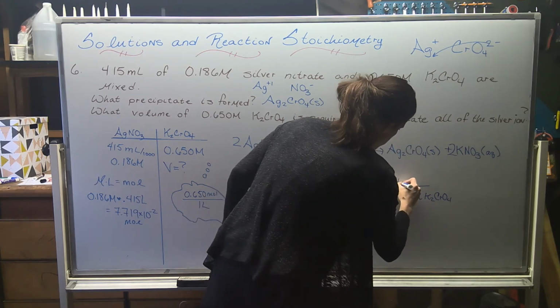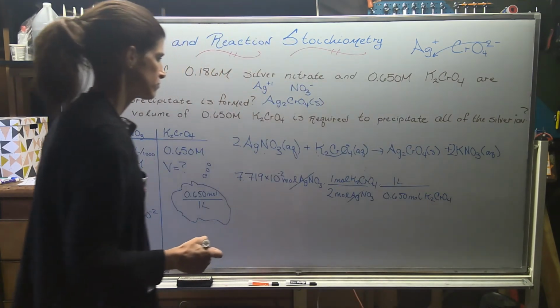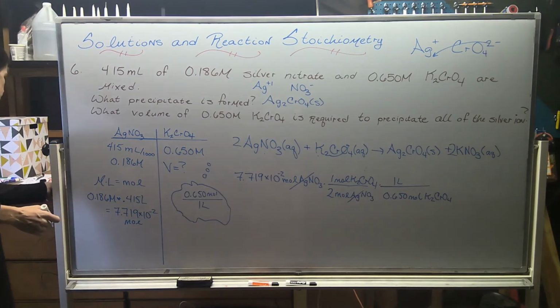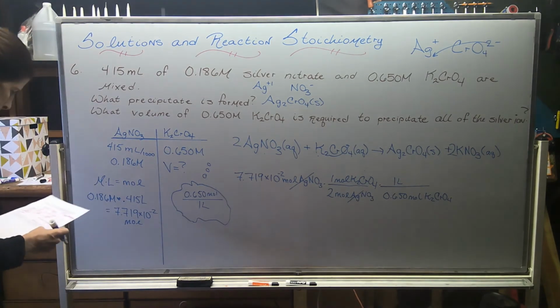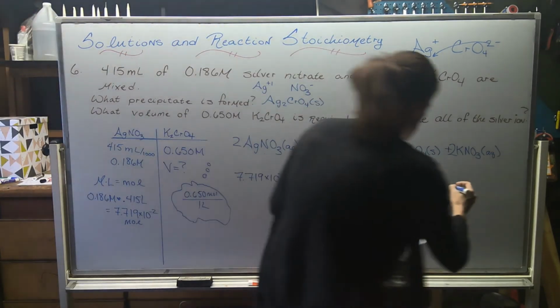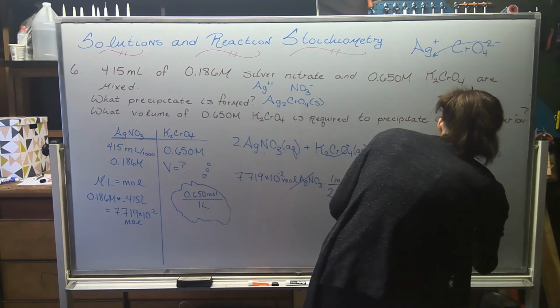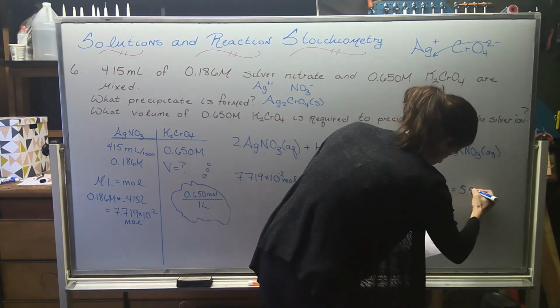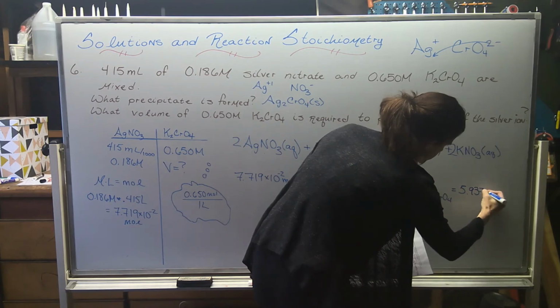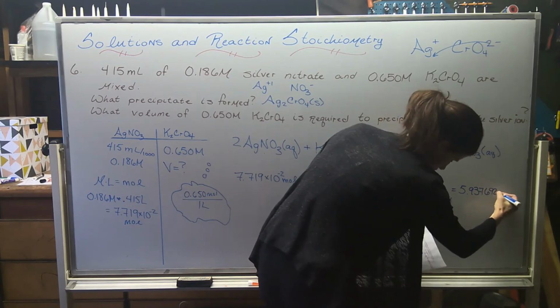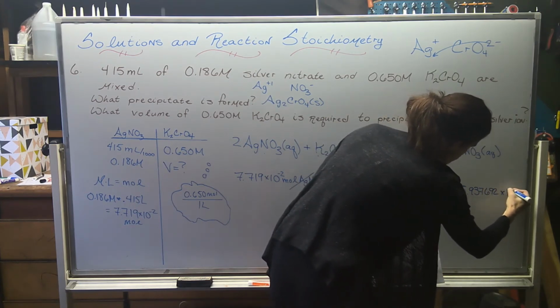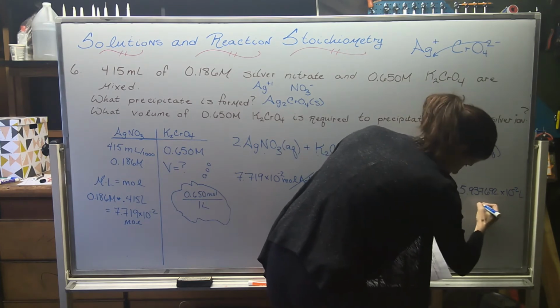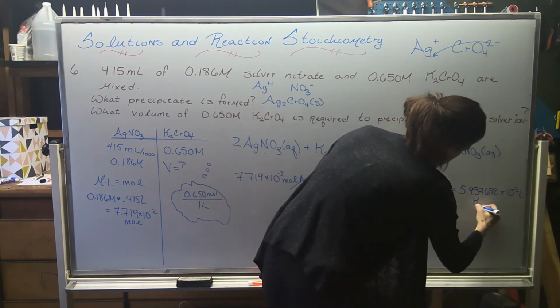And then it's per 1 liter. And when I solved that, I got 5.937692 times 10 to the negative 2 liters of the potassium chromate.